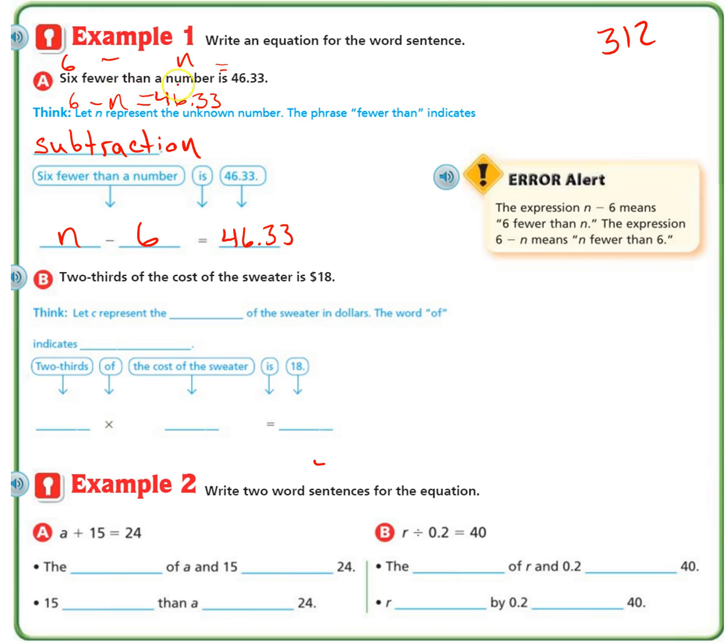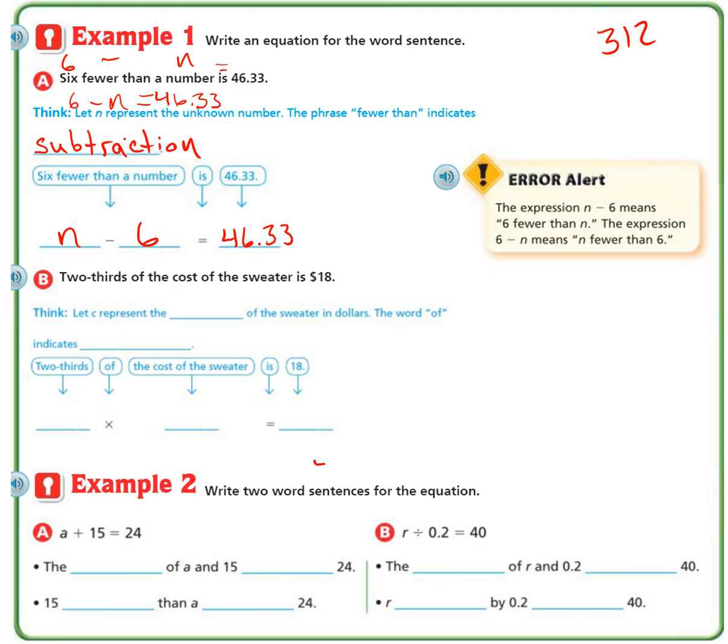We're saying 6 fewer than this number. So we're taking 6 away from this number. We want 6 less than whatever this number is. So in order to take 6 away from this number, you have to put the number first, then take 6 away from it. That's very different than saying I have 6 and I'm taking some number away from 6.